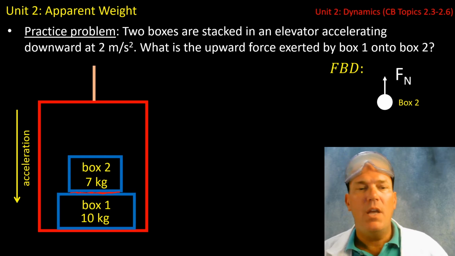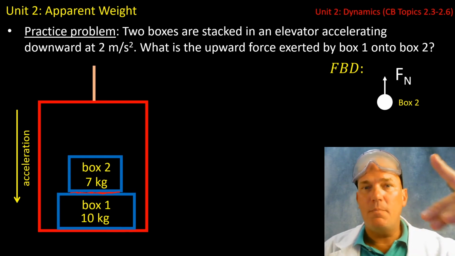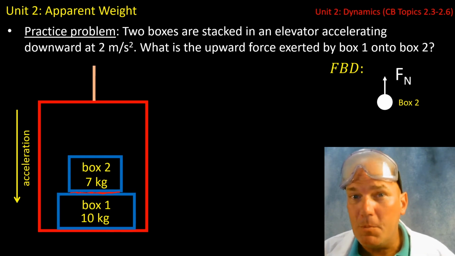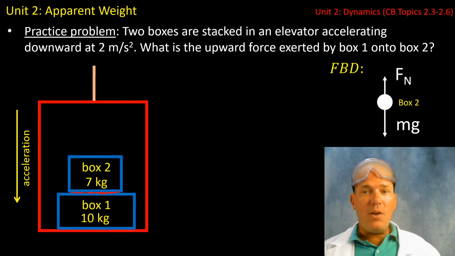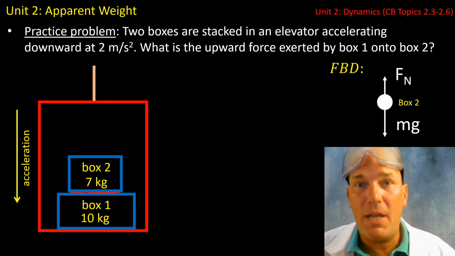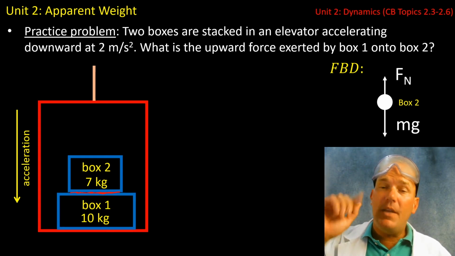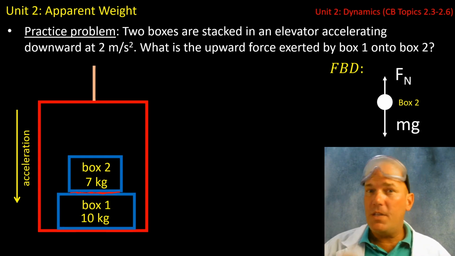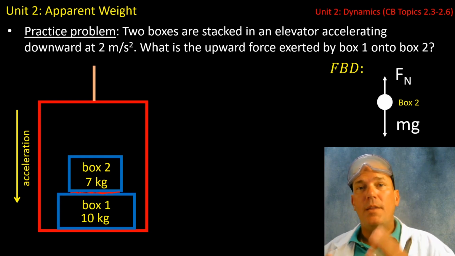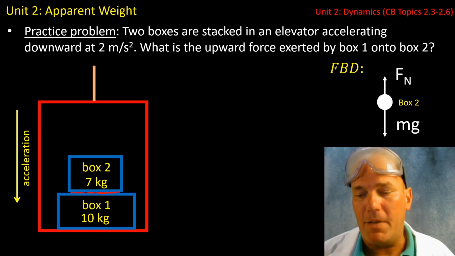Upward force of box 1 onto box 2 is force normal. The downward force of the Earth on box 2 is the force of gravity. Now look at the length of the arrow. I've shown it to be smaller than the magnitude of the force of gravity.